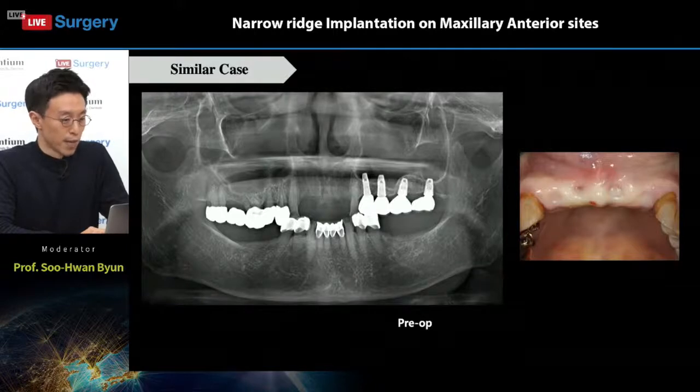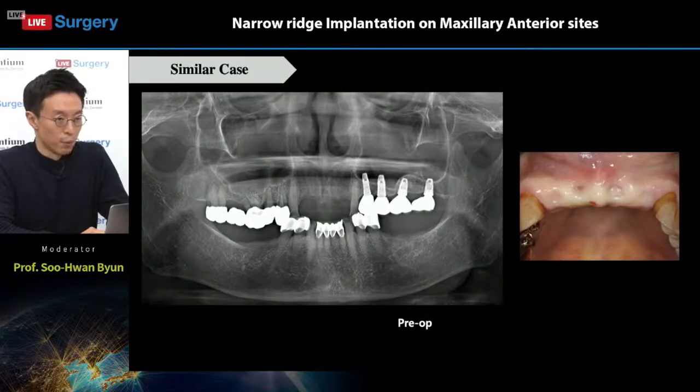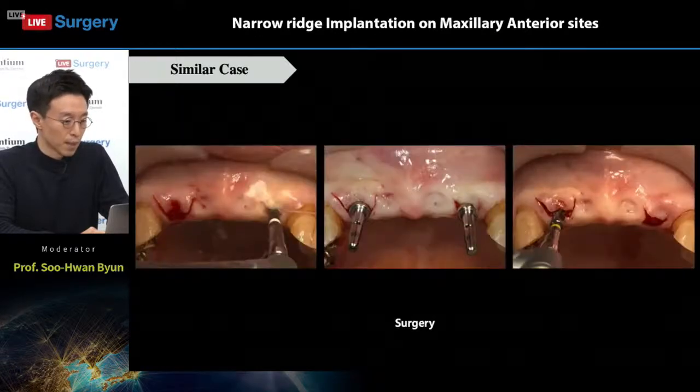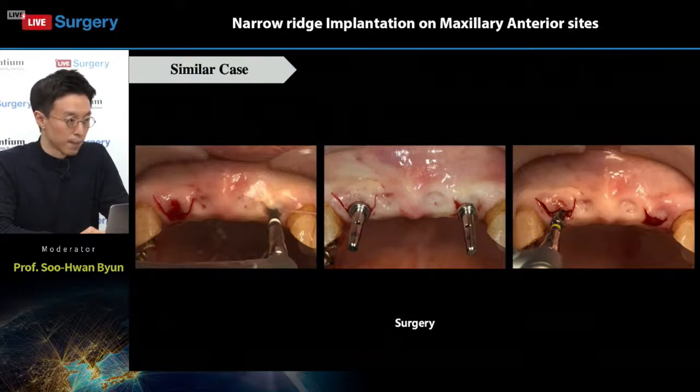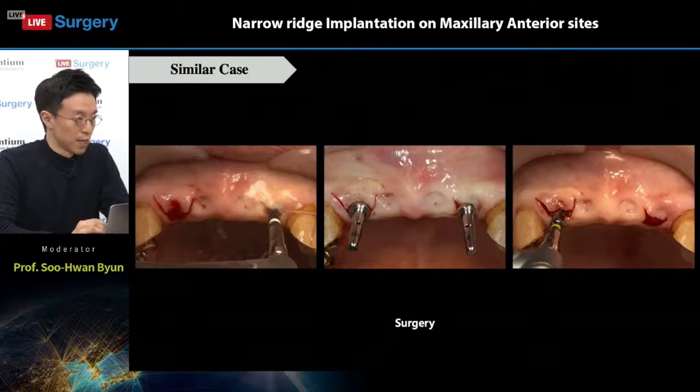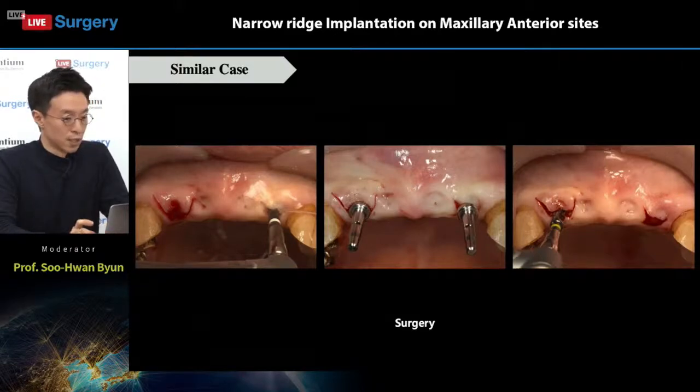Let me show you a similar case. 2 implants were planned at both lateral incisor areas. A minimal incision was performed and a pilot drill guide was applied to check the path of drilling. Minimal incision, a step incision, and a slight vertical incision.